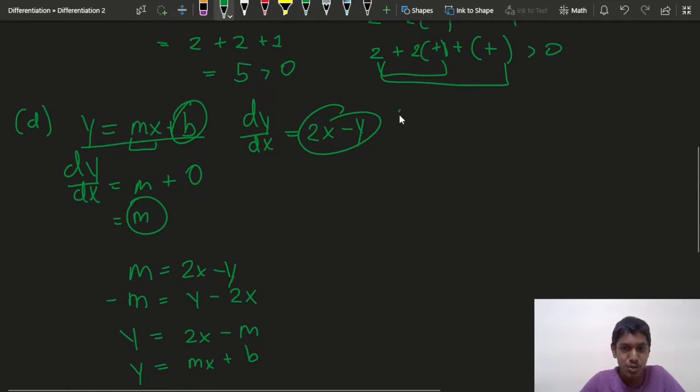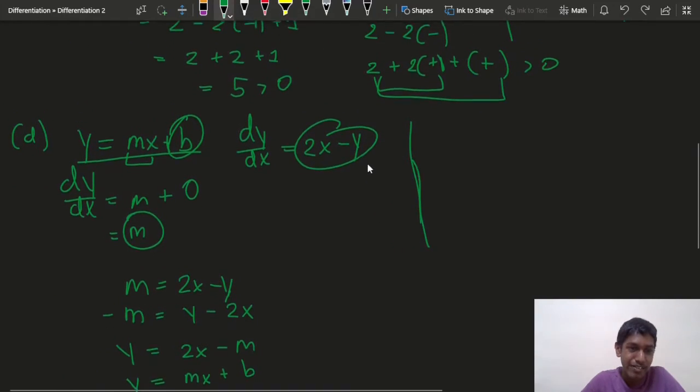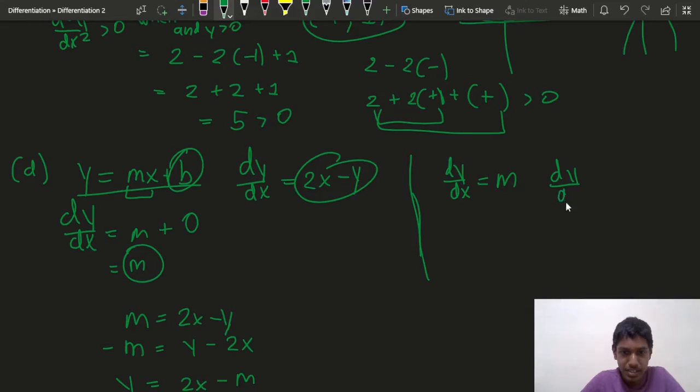Now, if this solution was a little confusing to you, maybe a different way to do the problem is to just plug in the value of y. So we have dy/dx is m, and we also have dy/dx equals 2x minus y.